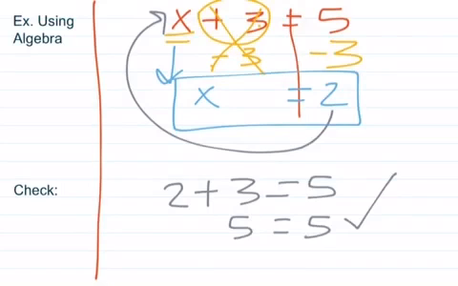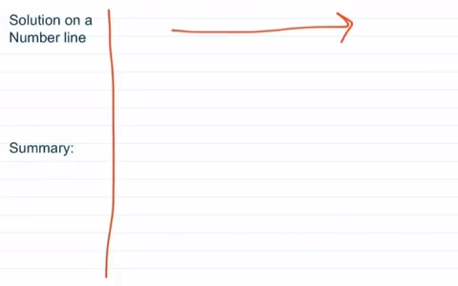Okay, and again, this is just review. We're just building a firm foundation on where we're headed. But the last thing that we want to do, our answer has been x equals 2, and we want to be able to express that on a number line. Okay, so here's my number line, and here's 0. If you move to the left, and we all have number lines, those are our negatives.